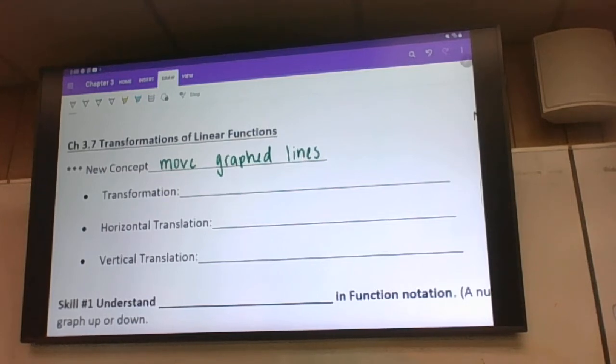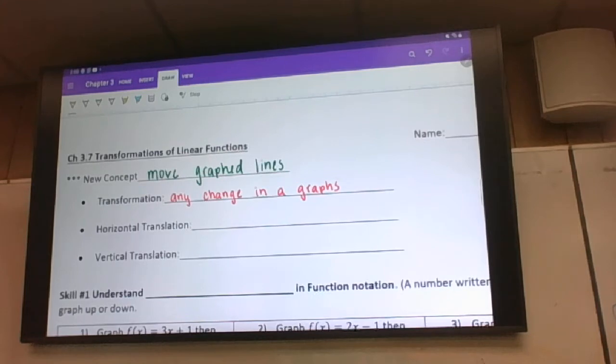A transformation, and this is a definition, is any change in the graph's size or location. That's a really informal definition.